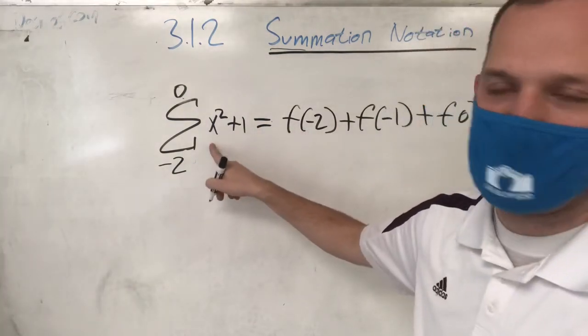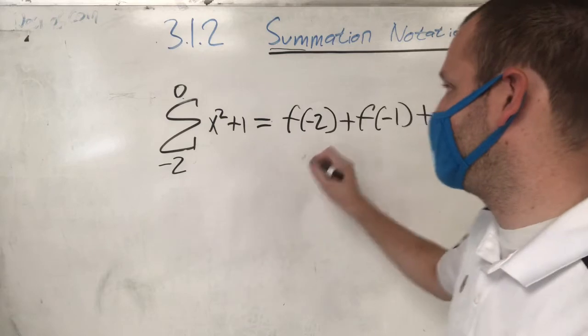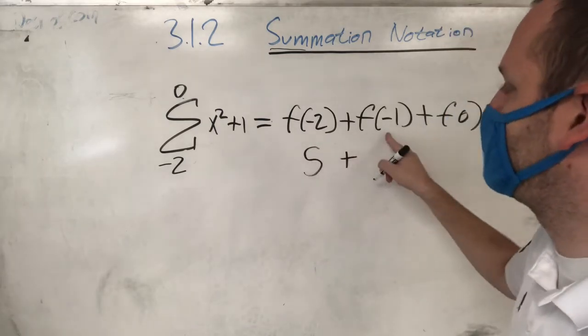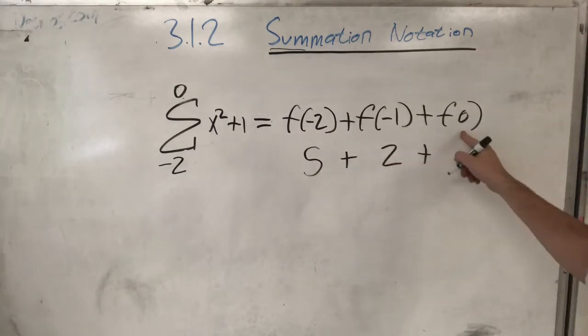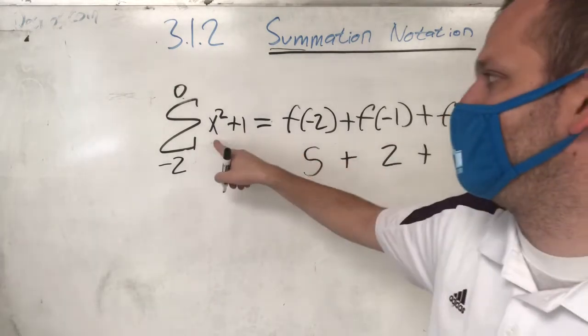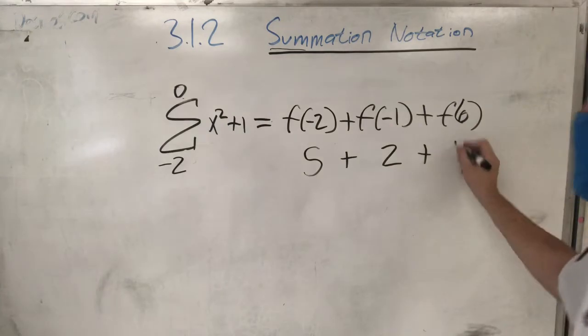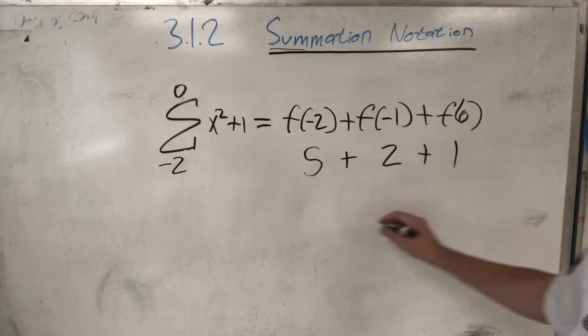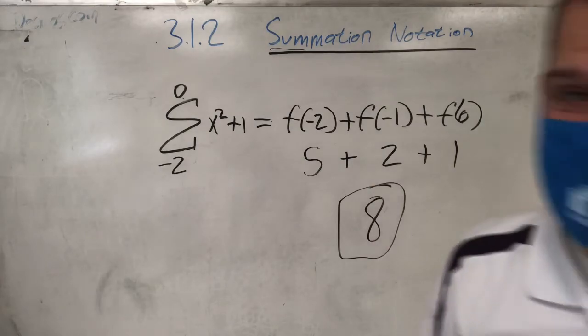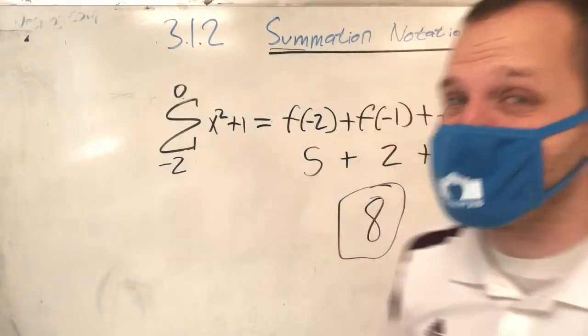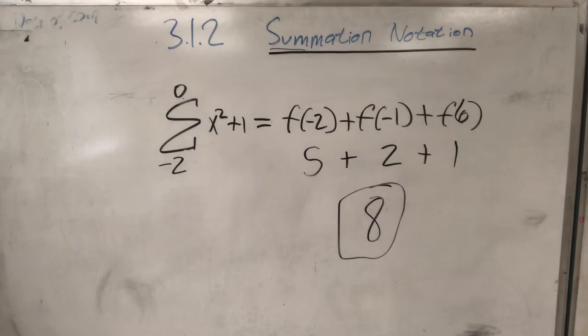If I plug negative 2 in, negative 2 squared is 4. 4 plus 1 is 5. Plus f of negative 1. Negative 1 squared is 1. 1 plus 1 is 2. Plus f of 0. If I plug 0 in, 0 squared is 0. 0 plus 1 is 1. 5 plus 2 plus 1 is 8. You can see these aren't hard. They're actually pretty easy. They go really, really quick.